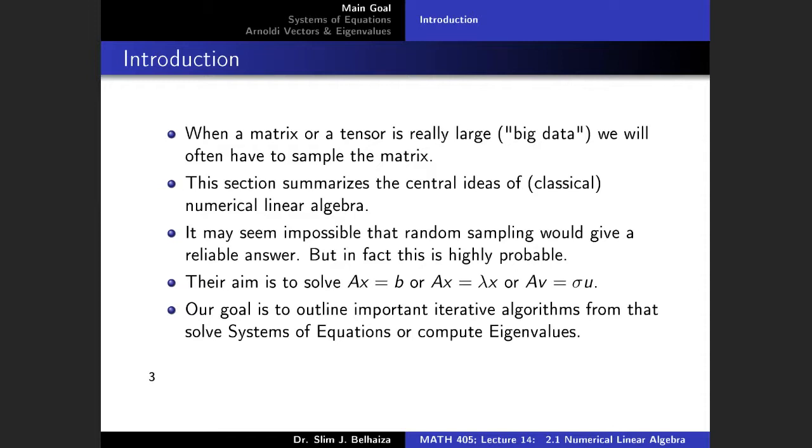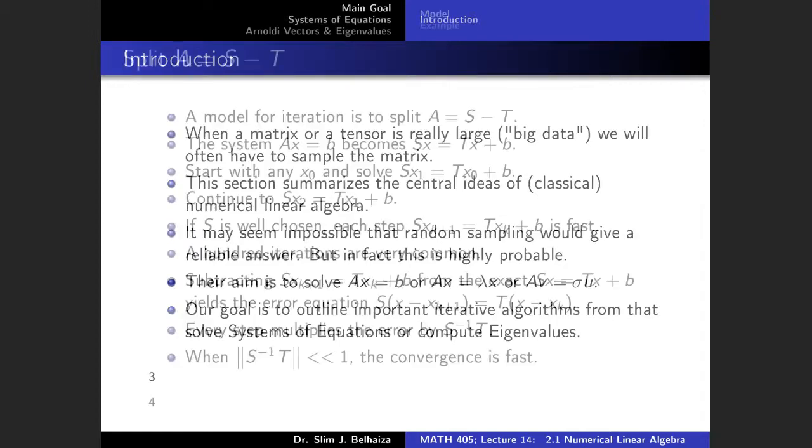So the aim, for example, is to solve Ax equals b, or in general, the eigenvector problem, Ax equals lambda x, or the SVD, to get a numerical approach for the SVD problem. Our goal is to outline important iterative algorithms to solve systems of equations or compute eigenvalues.